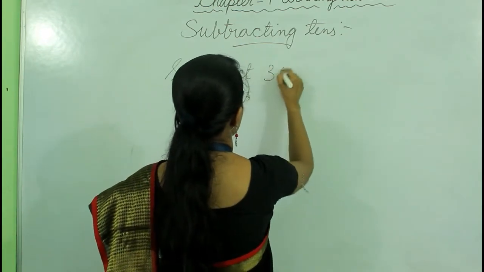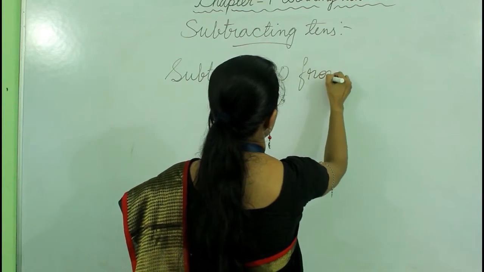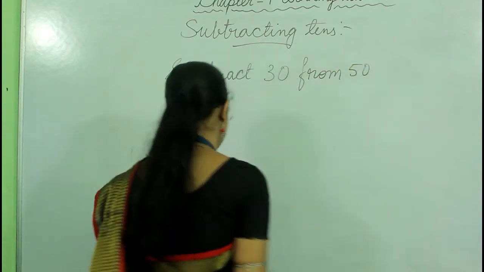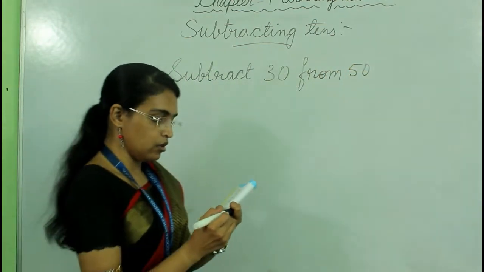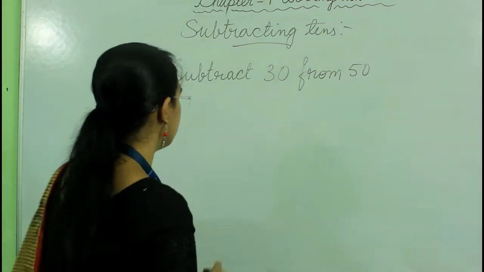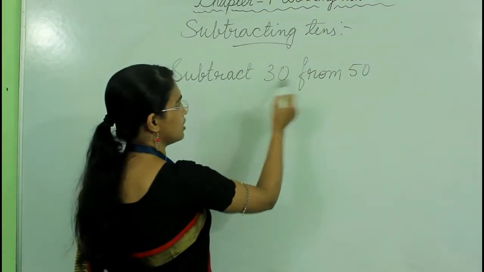Now, how will you do this? First, we have to subtract this 30 from 50.